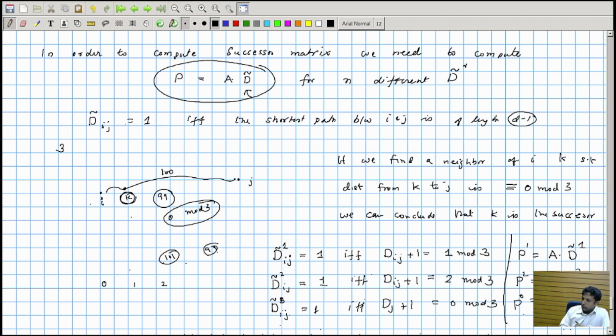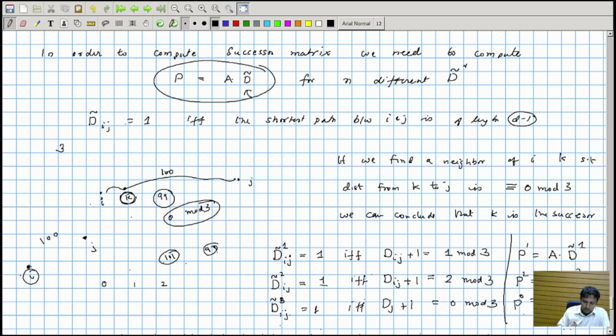Suppose you want to know whether there is a path between I and J, and suppose somebody tells you that from I to J the distance is 100. How do you find the successor of I?